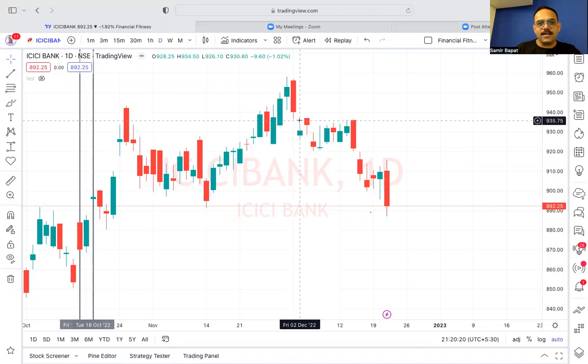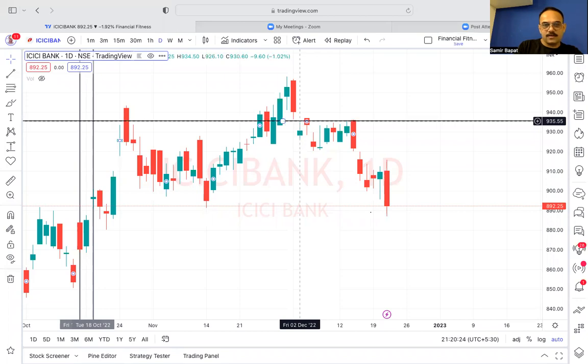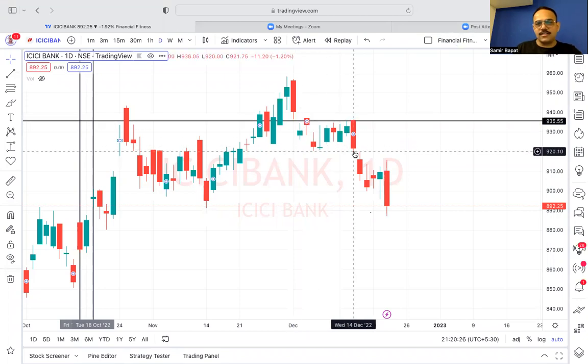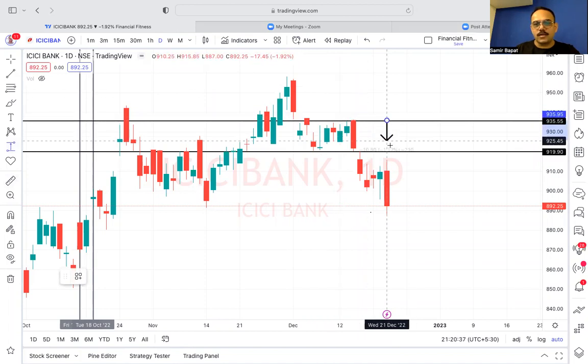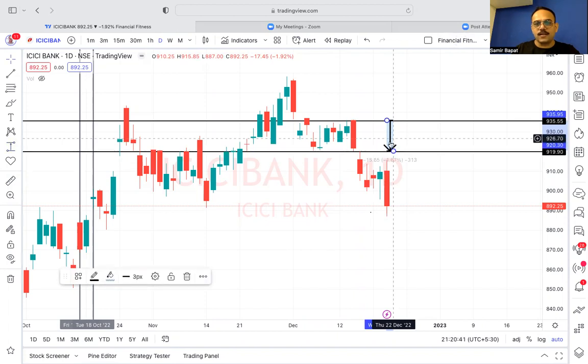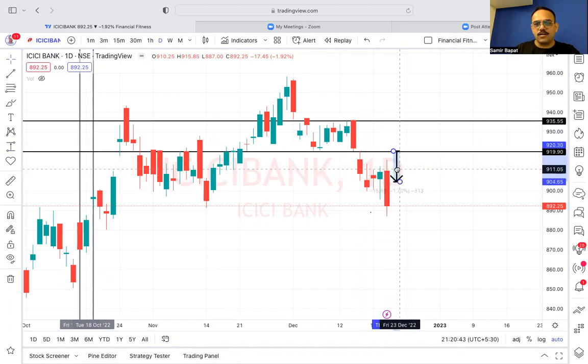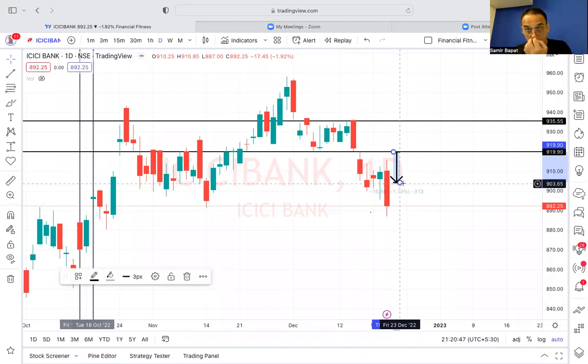From here, if we measure, and then this was the second gap. If we measure here, the second gap will give us the measure of how far it is likely to go. So it has gone down. After this gap, it has gone down till here.